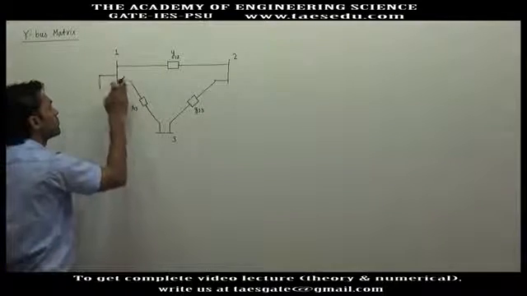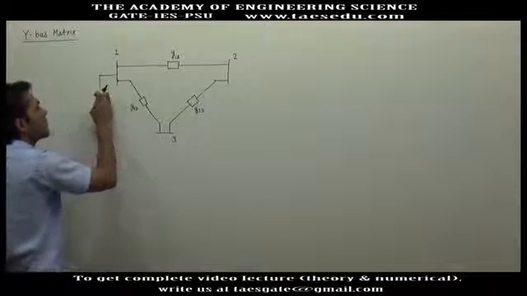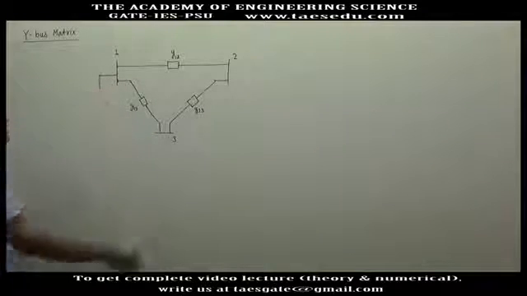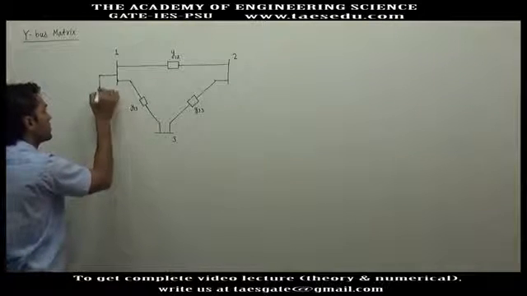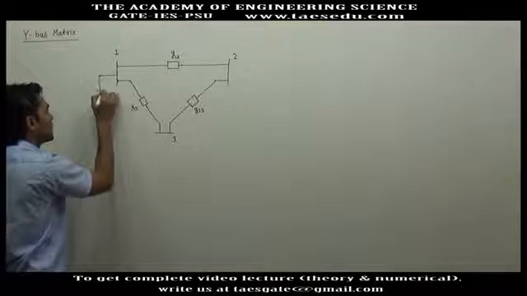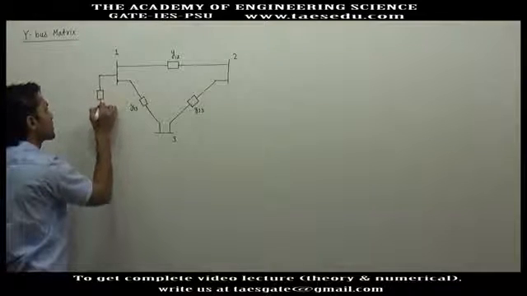So to boost the voltage we may have a capacitor here, or to avoid the Ferranti effect we may have a shunt inductor here. So in general the shunt element may be an inductor or a capacitor.